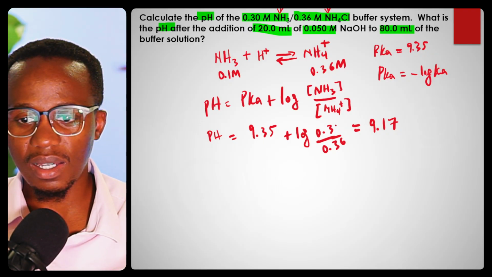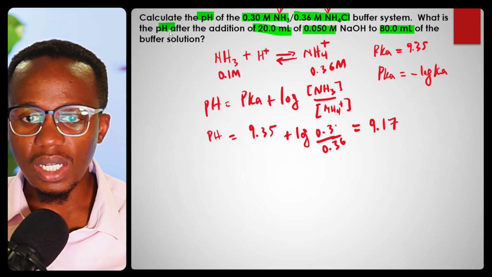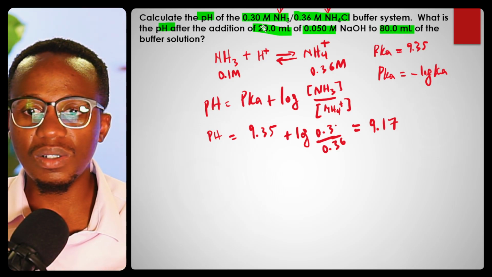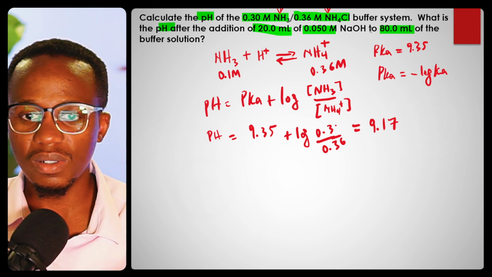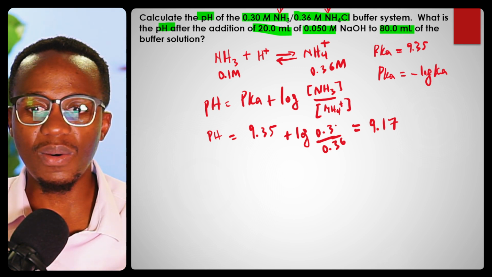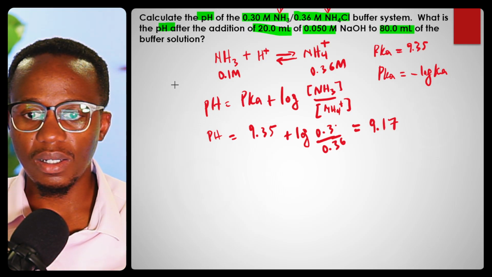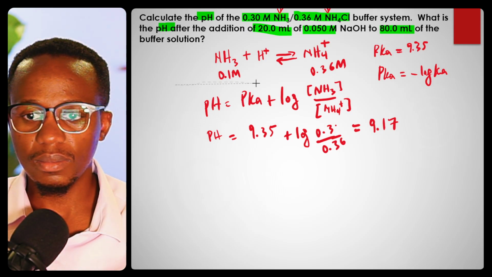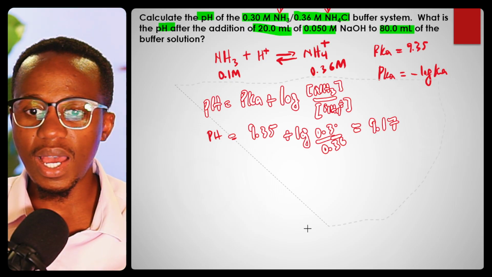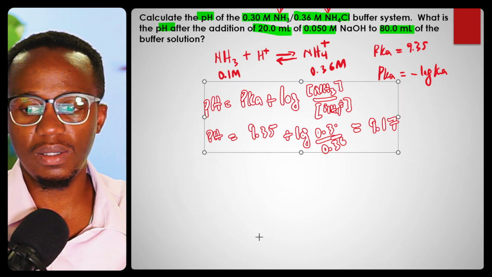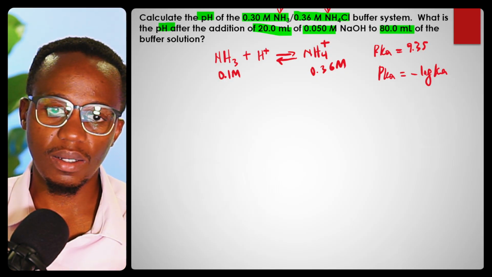Now, after this, the question makes another plea. It tells us, what is the pH after the addition of more NaOH to the buffer? All right, so I want you to work with me here, okay? So if we add NaOH to this system, what's going to happen to it, right?